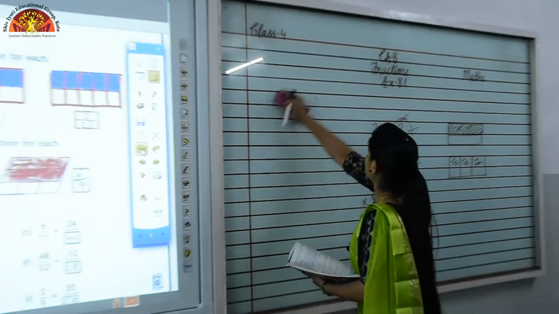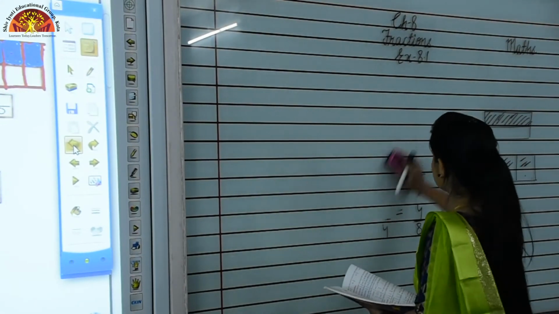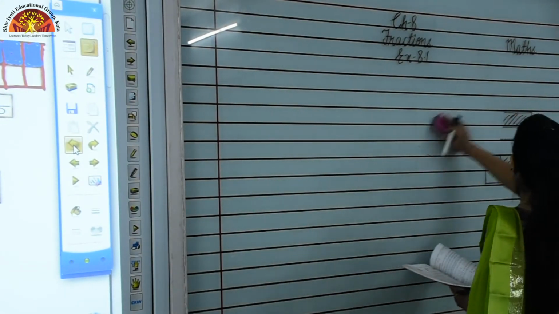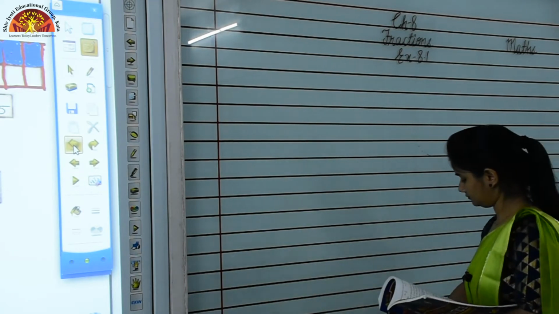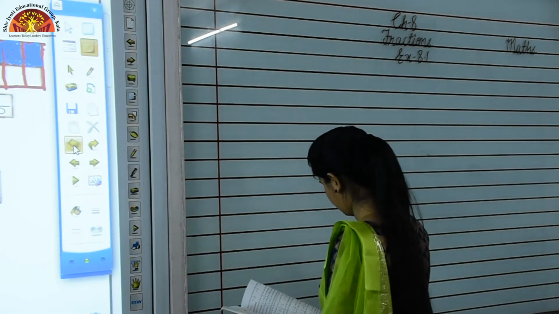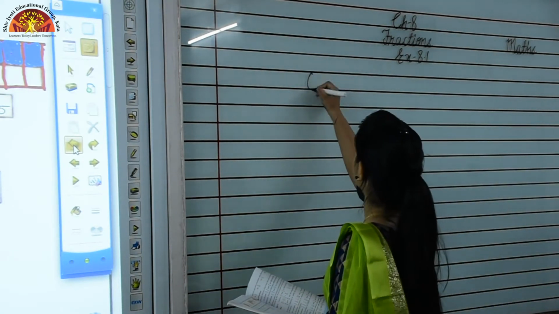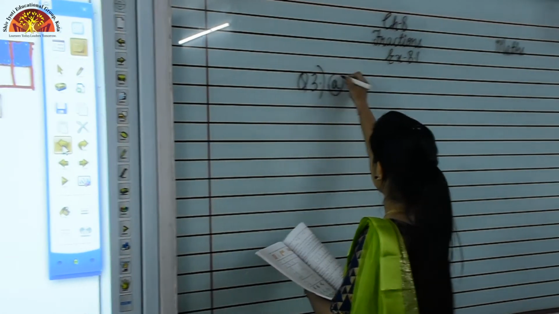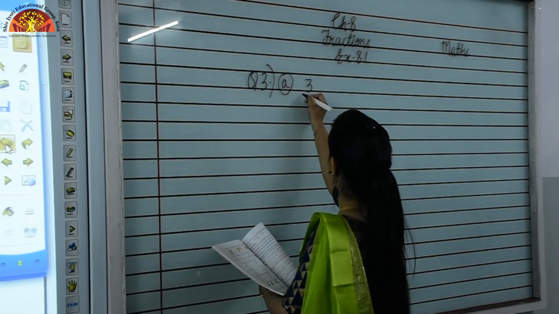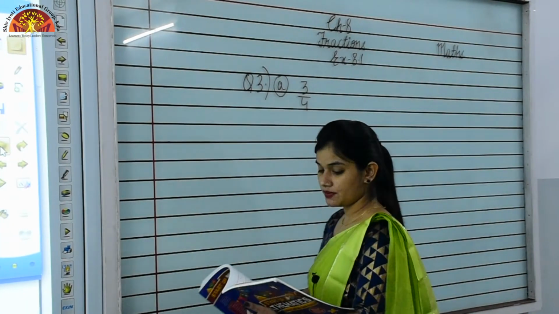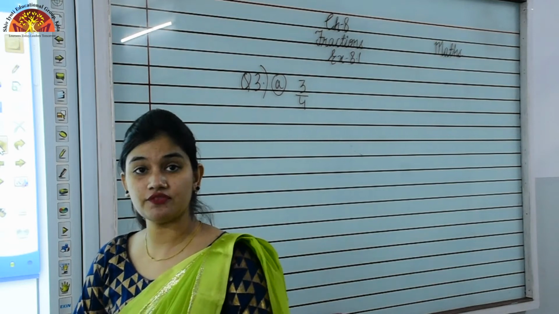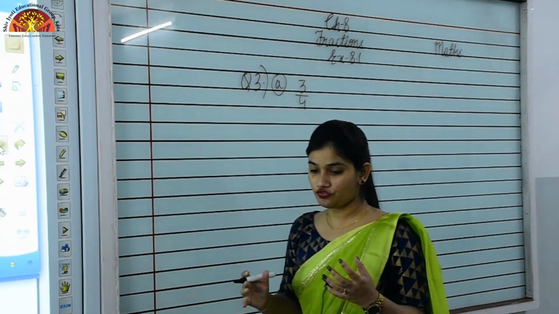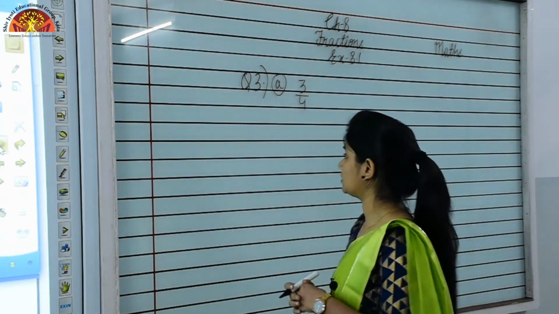So question number 3 of exercise 8.1. We are taking a part of this question, 3 upon 4. Okay, so this is a fraction given in the question and we have to find 3 equivalent fractions.